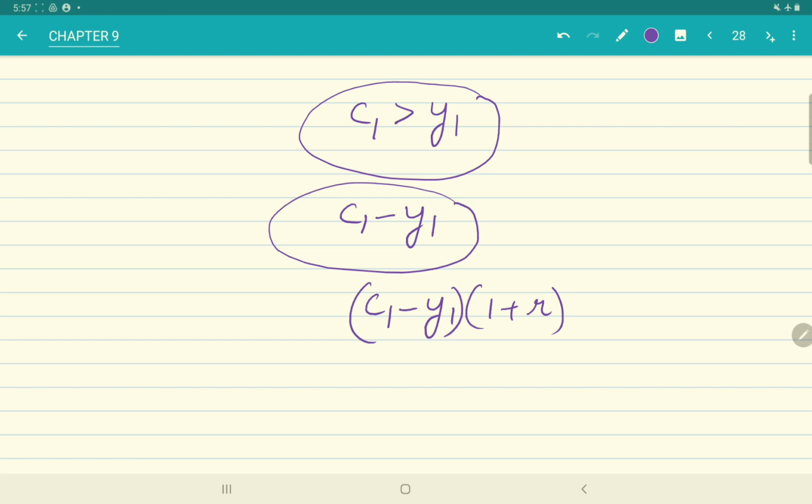This is what she has to repay, and she repays it out of her future income, and whatever is left is going to be her future consumption. So her future consumption would be C2, which is equal to Y2 minus this.